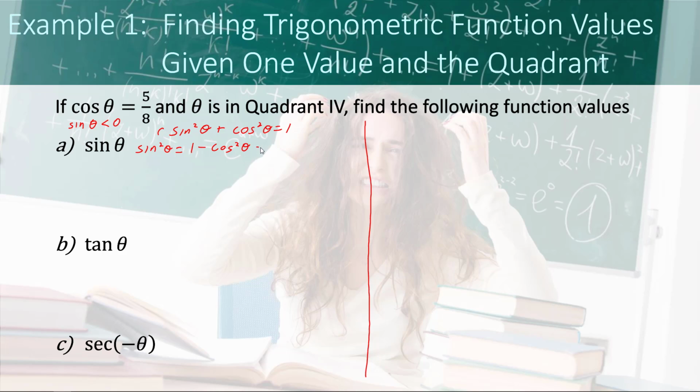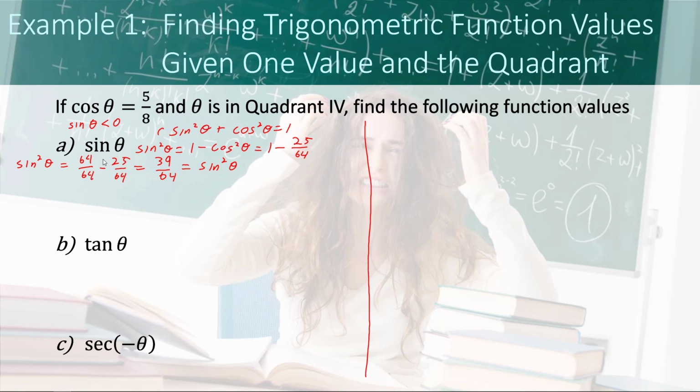So this is going to be equal to 1 minus 25 over 64. We can express 1 as 64 over 64 minus 25 over 64, and that will give us 39 over 64. And once again, that is equal to sine squared theta.